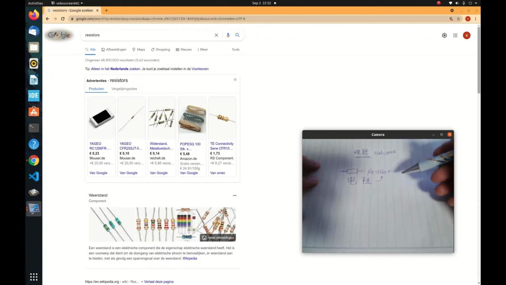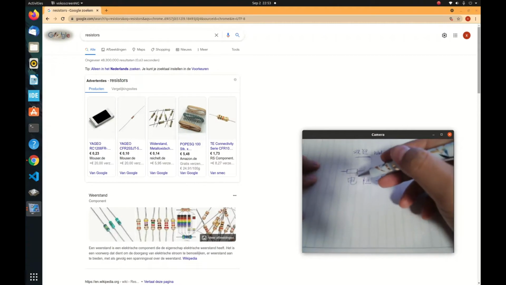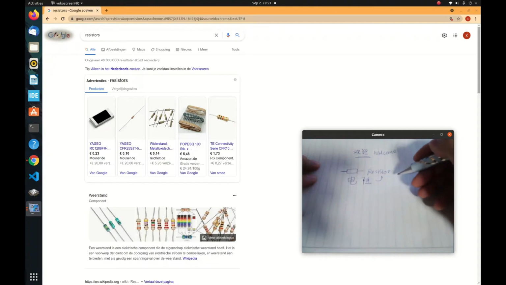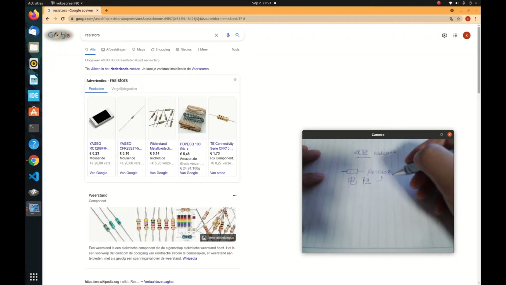And then of course the other one, also related to this resistor: what about the values? How large is the resistor? Then in English we say ohm.